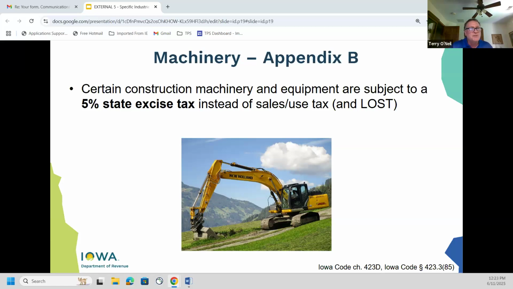All of these things could be subject to the 5% state excise tax instead of the sales or use tax and local option sales tax. Again, those rates are 6% or 7%, depending on whether or not there's a local option sales tax included. But this equipment is only a 5% state excise tax.